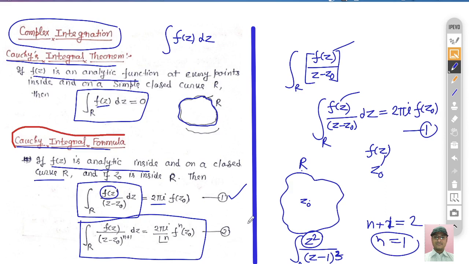Now see the first problem. I think these two formulas are clear. The first formula is f(z) upon z minus z0 dz, and the second is for when the power is greater than 1.